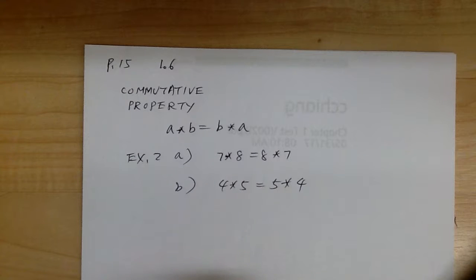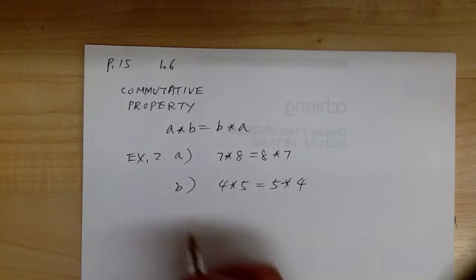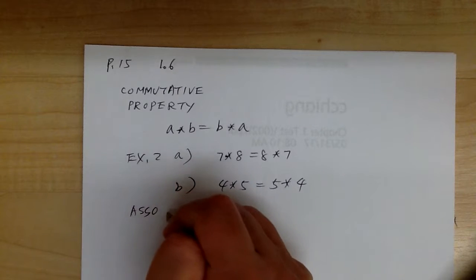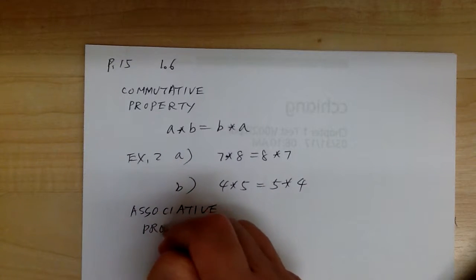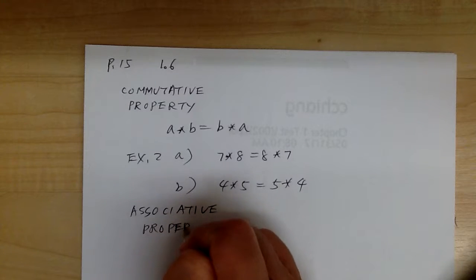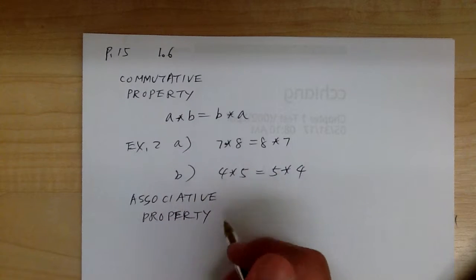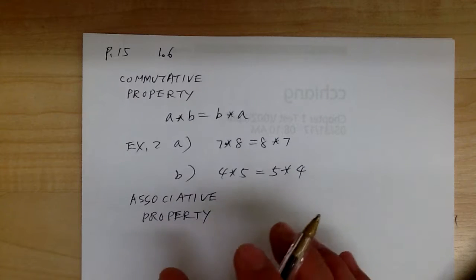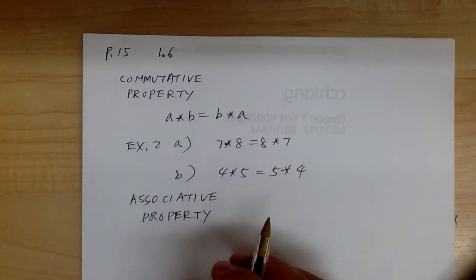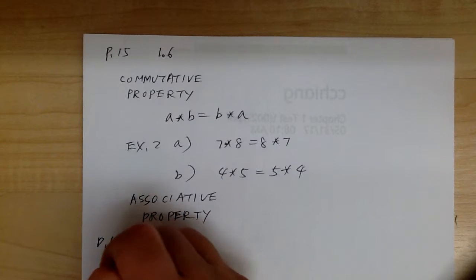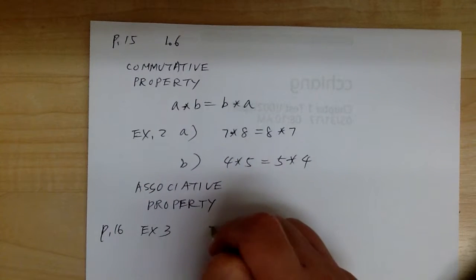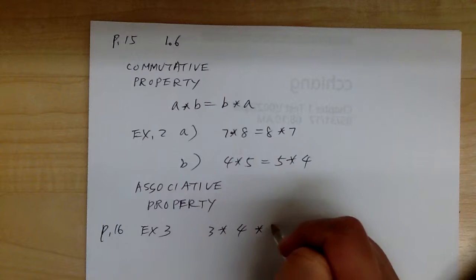And also, there's an associative property. What it's saying is that you can have a different order of multiplying. For example, in example 3 on page 16, you have 3 times 4 times 2.